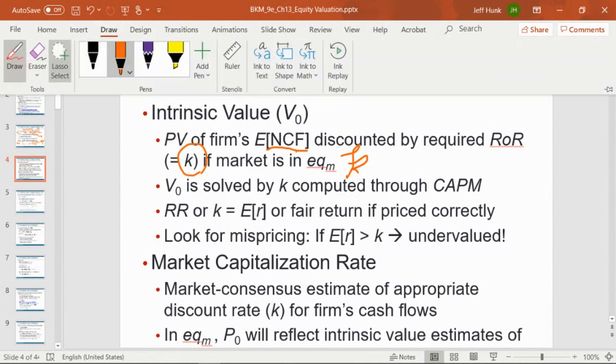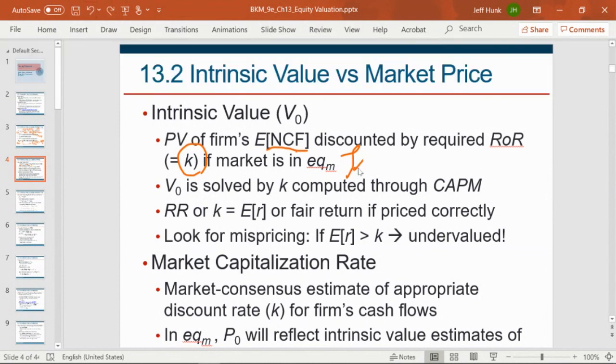If there is anything I can do to make it easier, I would. But drawing with the mouse is such a pain. So it's cost of equity, right? If market is in equilibrium, right? And of course, that's calculated by CAPM, right?